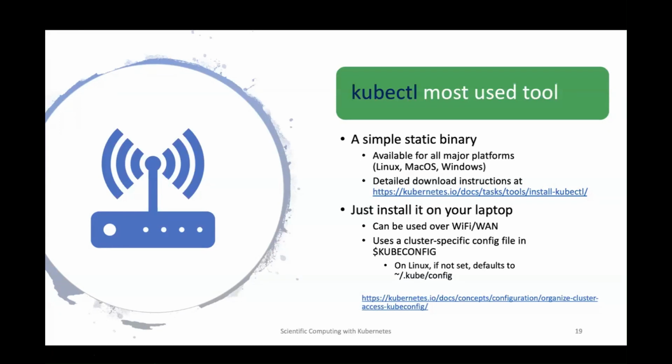Of course, you need to tell it which Kubernetes cluster you will talk to, because there are many providers of Kubernetes, so you need to tell it which one to use. And you just drop a config file in the right location, or provide that in the command line if you have many. But typically, users have access to one, and you just specify where it is, and you are ready to go.